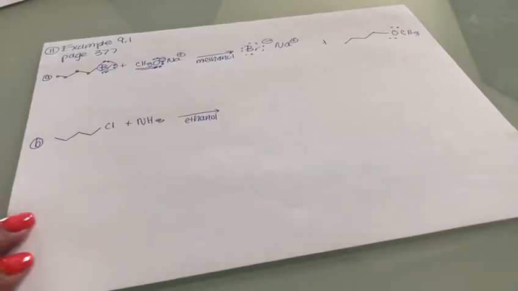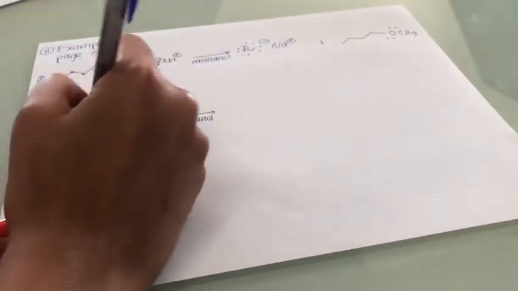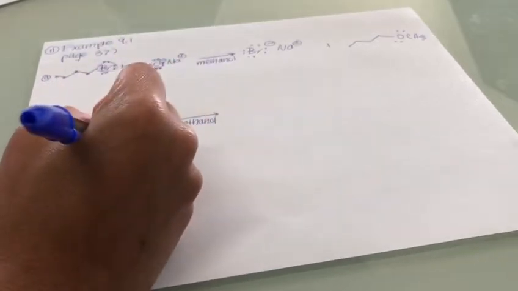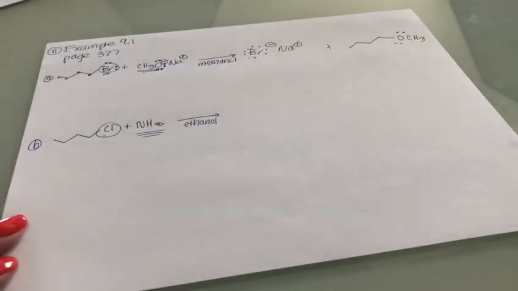Let's take a look at the next reaction. It's telling you that it's a nucleophilic substitution reaction. So what you need to do is to identify the leaving group. Cl is the leaving group, and the ammonia, this is your nucleophile. Nucleophilic substitution, meaning that you will replace the leaving group with the nucleophile.